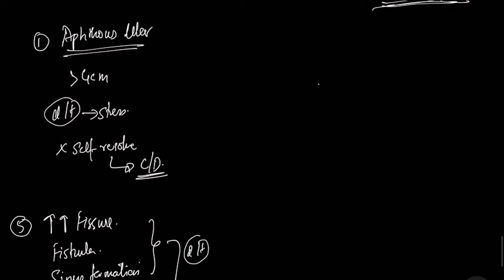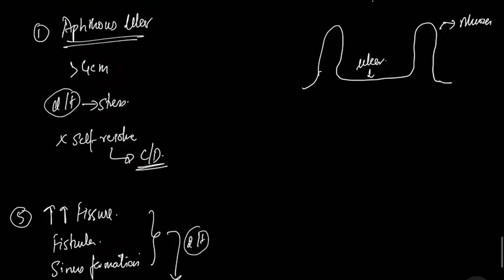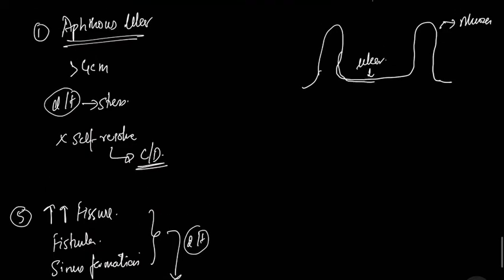So let me draw this. So this is your mucosa. But you see ulcer. Now this is an ulcer. So what does it look like? You see that there's an ulcer here, and then the mucosa is going up. So it looks like a polyp, but it is not a polyp.